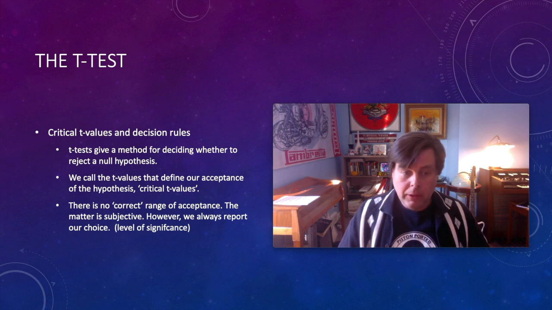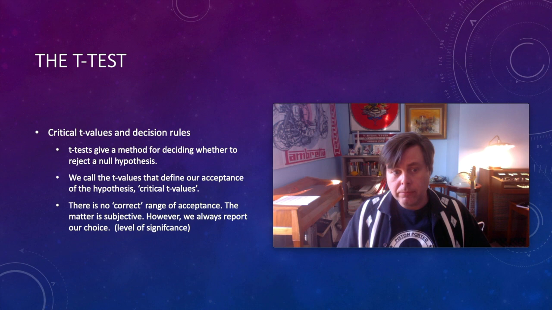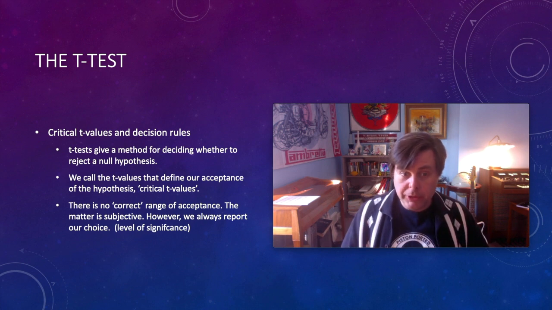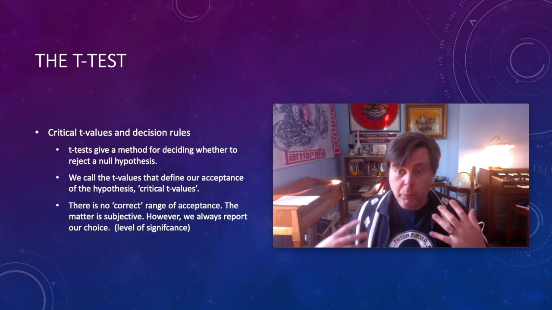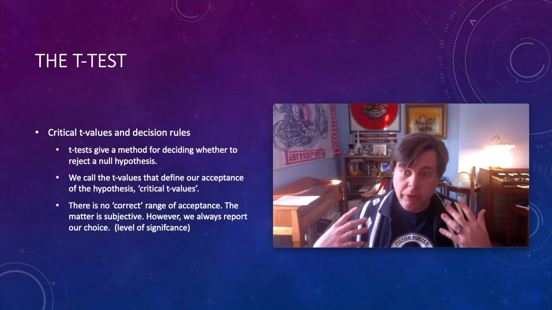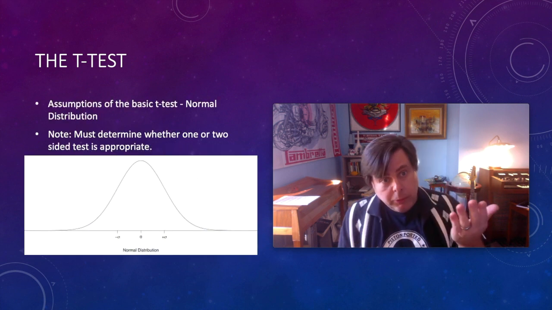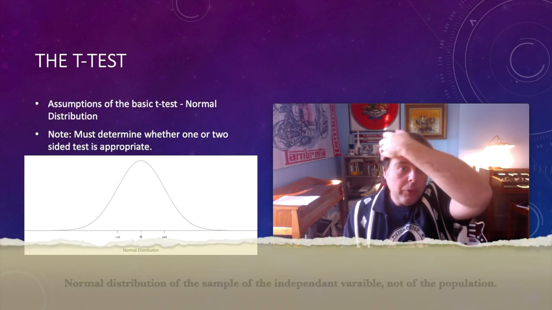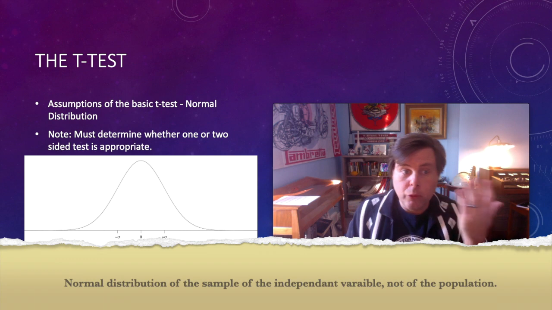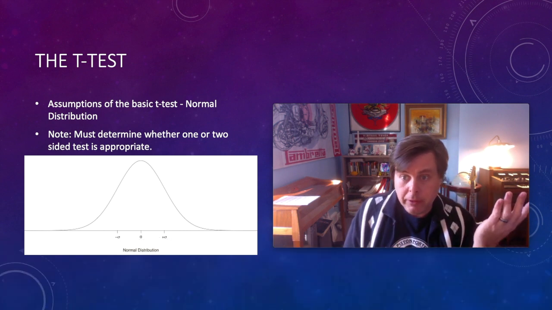Okay. Now, there is no correct range of acceptance. The matter is subjective. Okay, but we need to document what we're doing. We're going to document what's going to be called the level of significance, which we'll get to in just a few minutes. Assumptions of the t-test, right? We are assuming that we have normal distributions, okay?